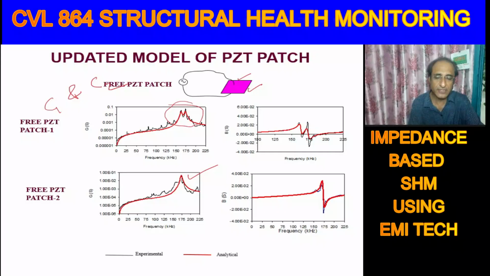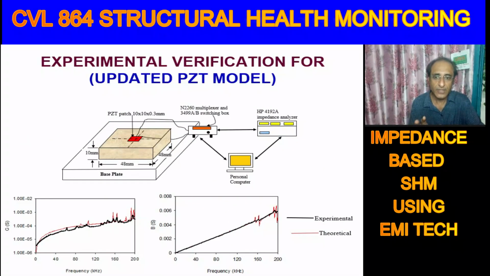So we get a better signature, and here is the comparison. This is much better as compared to the previous one, because here the peaks are better matching, and the slope is also matching. Otherwise there was a lot of difference. So now, taking into account this updating of the model, measuring the parameters of the patch, we get a better representation of the structure.